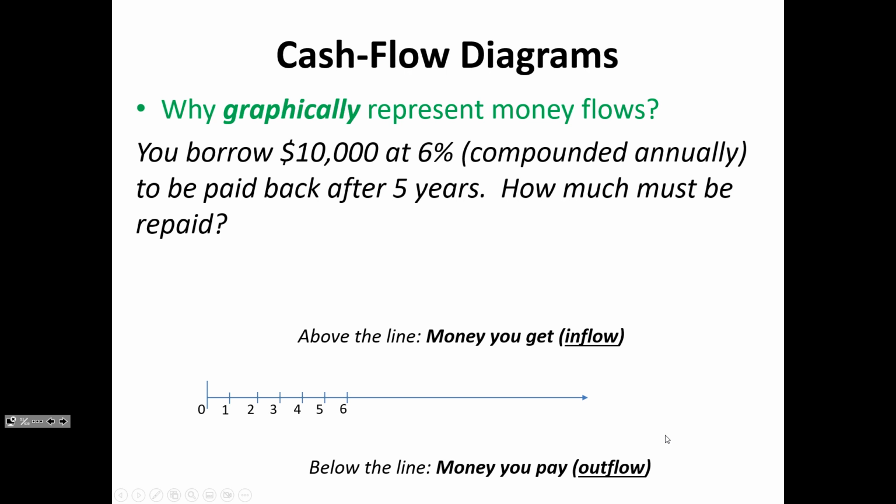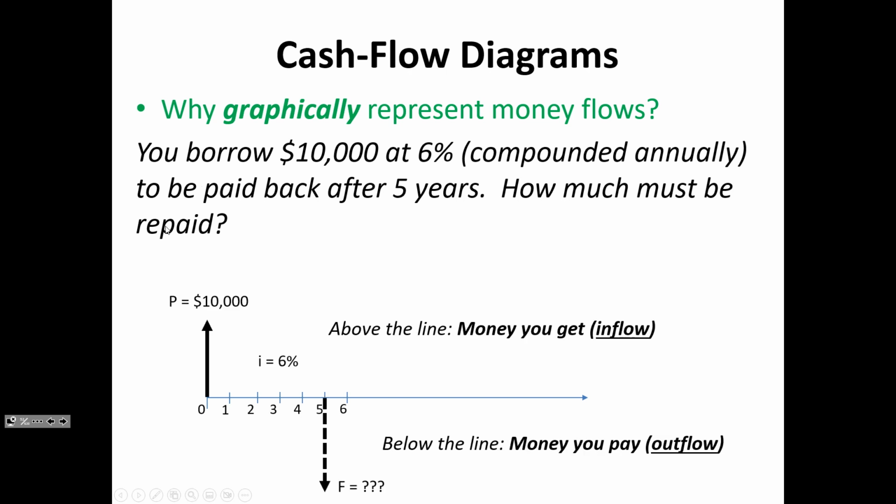And so in a problem like this, if you're borrowing the money and it says in 5 years how much do you have to pay back, this implies that you're receiving the money now, and it's $10,000, and in 5 years that would be an outflow, so you'd have an arrow downward 5 years in the future.